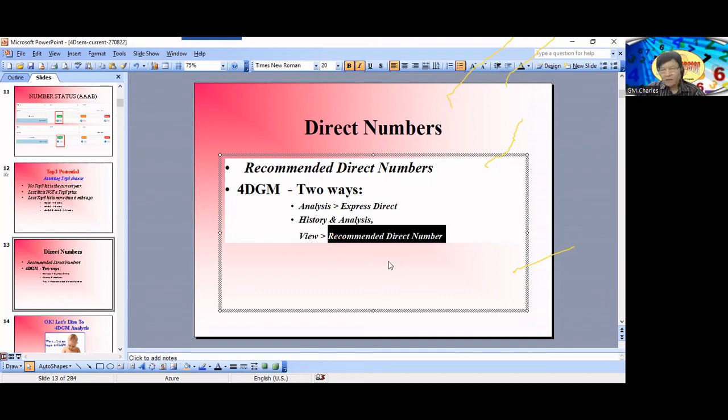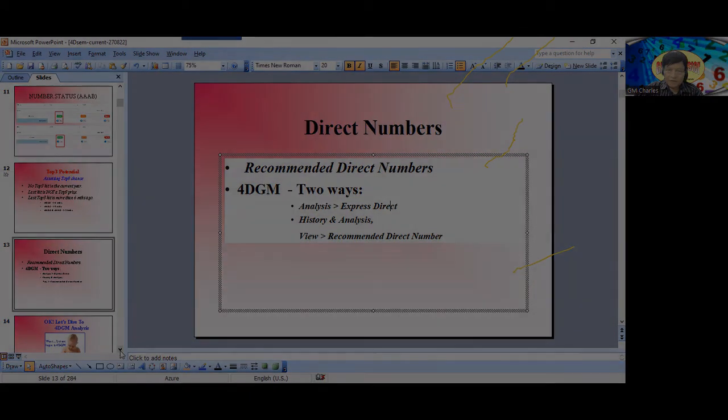When you click on it, it will give you the direct number immediately. Only direct number, nothing else. Whereas the express direct module gives you much more information if you want to analyze in more detail. Okay, so that's all I need to talk about the enhanced 5-step and 5-factor procedure.